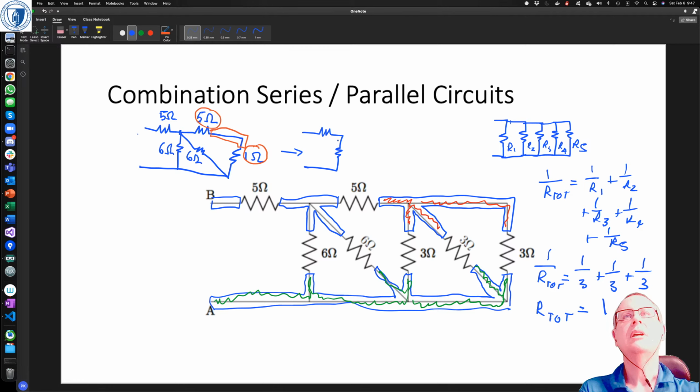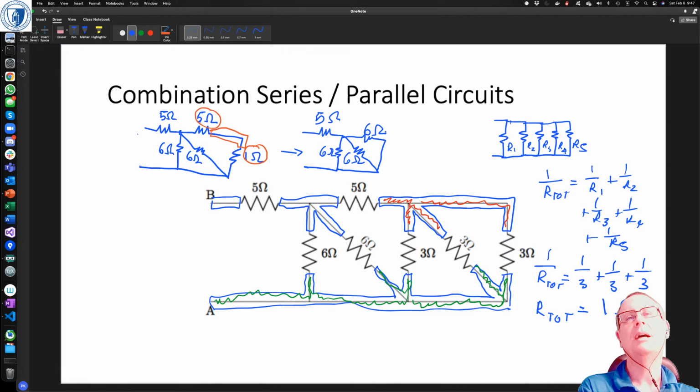We can redraw the circuit again. And we have the 2 6 ohms, and now we have a resistor that is a combination of the original 5 ohm and the original 3 ohm resistors in parallel.